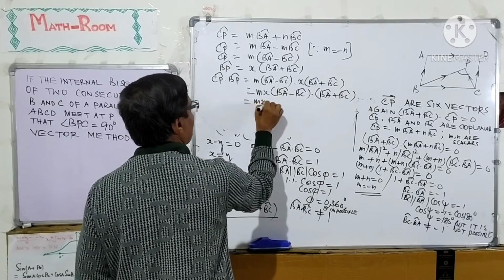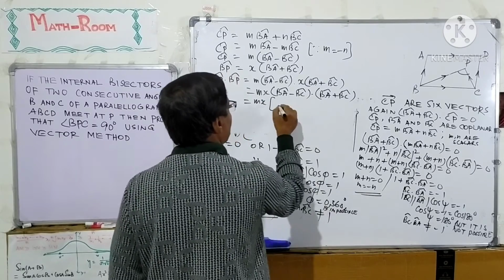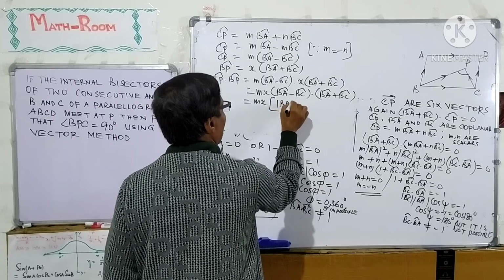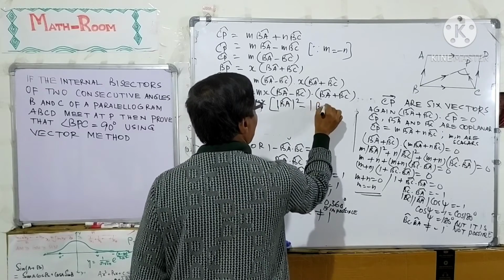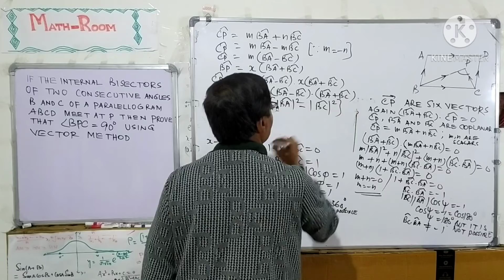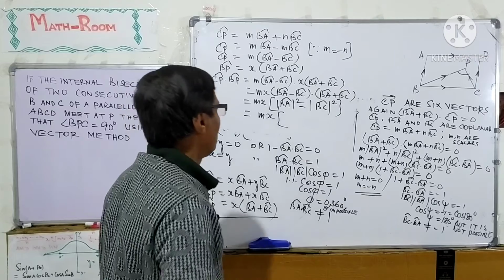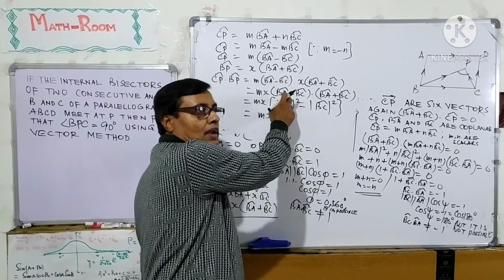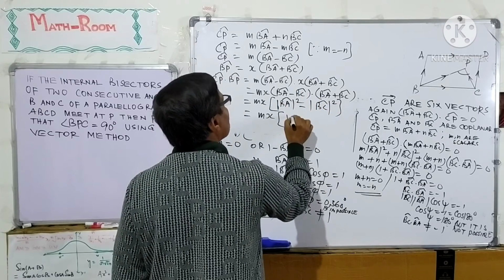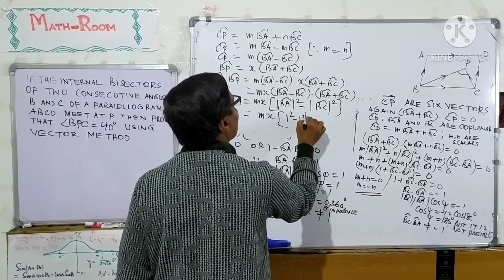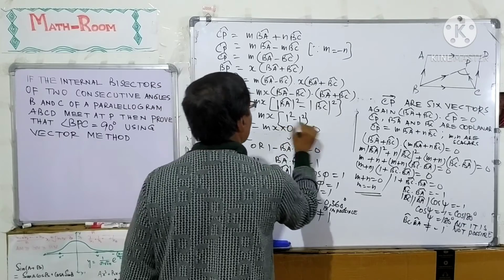So, MX into this dot product, which is magnitude BA cap squared minus magnitude BC cap squared. BA cap is a unit vector, so its magnitude is 1. So, this is 1 squared minus 1 squared, equal to MX into 0, that is 0.